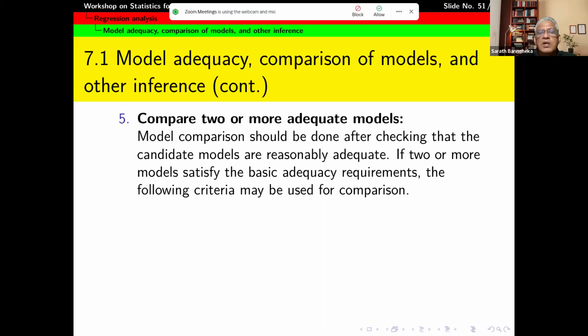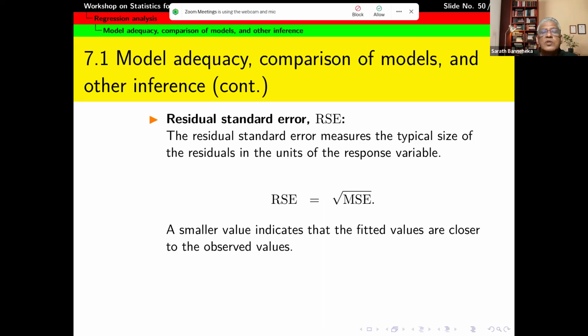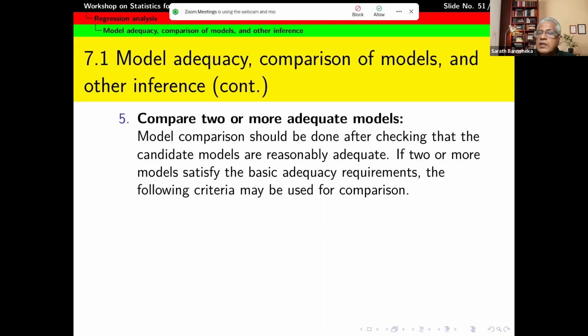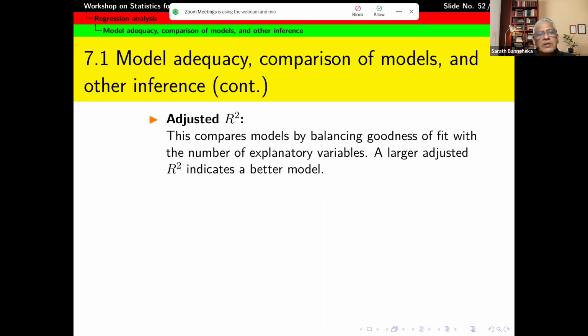Model comparison should be done after checking that the candidate models are reasonably adequate. If two or more models satisfy basic adequacy requirements like adjusted R square and this quantity, residual standard error, then additional criteria will have to be used to select a model as the final model, right?